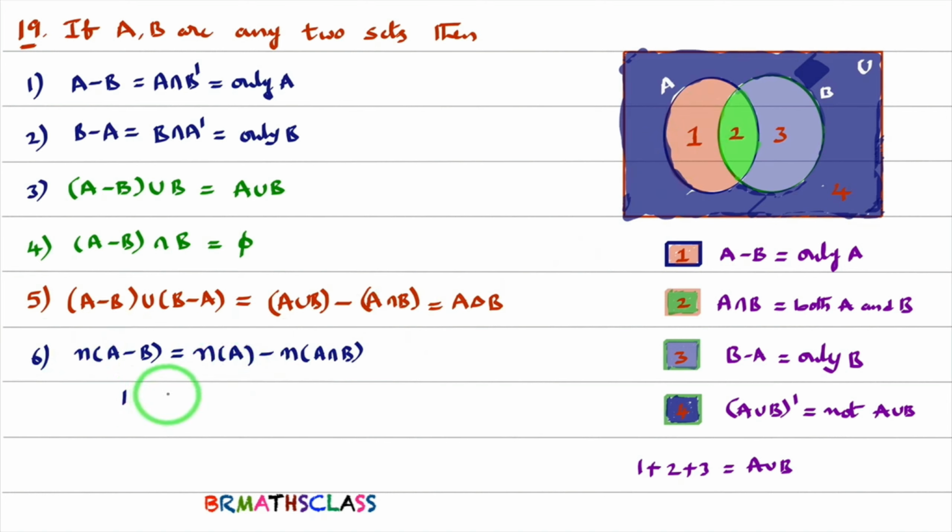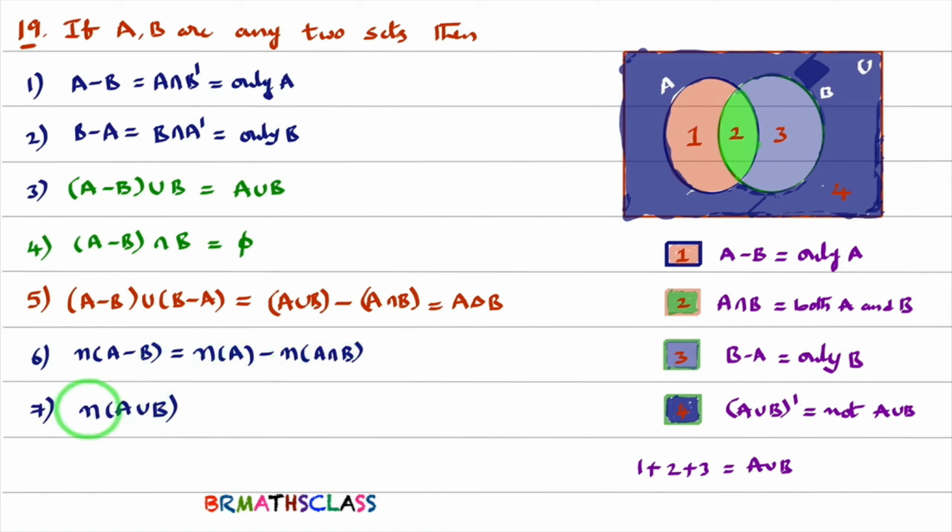This is the first part. n of A means the number of elements in the first part plus the second part, minus n of A intersection B, which is the second part. If both get cancelled, you can see they are the same. So n of A minus B can be written as n of A minus n of A intersection B.